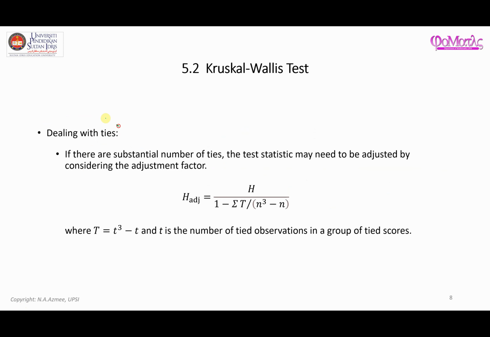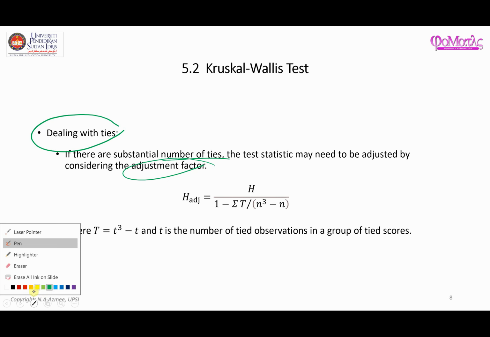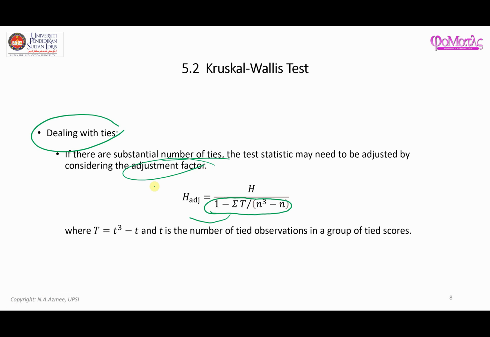now let's say you have ties and there are a substantial number of ties. Therefore, the test statistic may need to be adjusted by considering the adjustment factor. So what is the adjustment factor? The adjustment factor is given by this part over here. So basically, remember you have calculated H, the original test statistic.